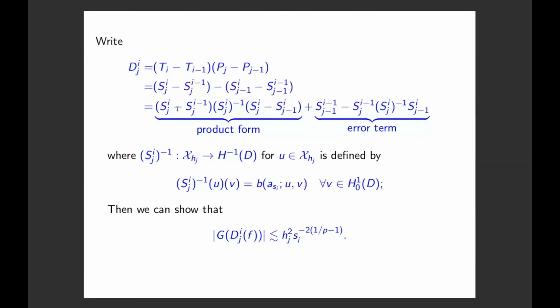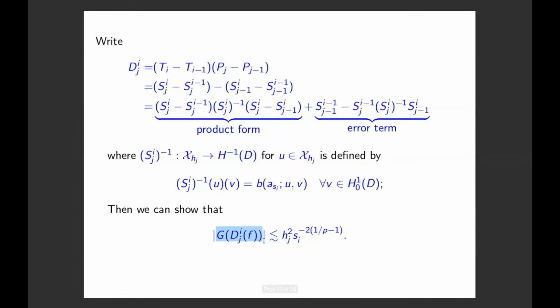So with this, we can obtain a bound on the absolute value of the linear functional of this difference of differences. And it turns out it's of the order which we wanted.